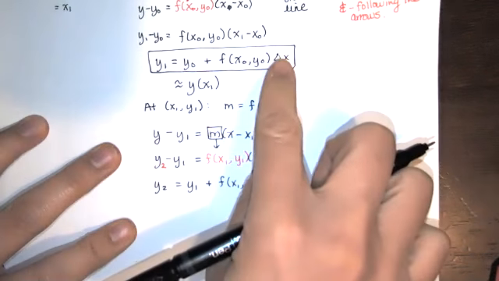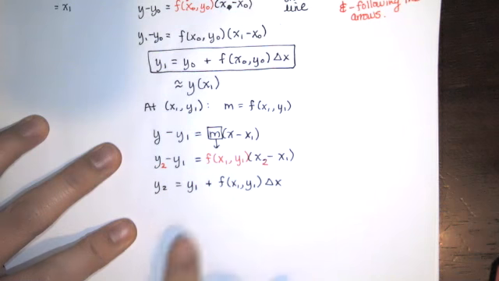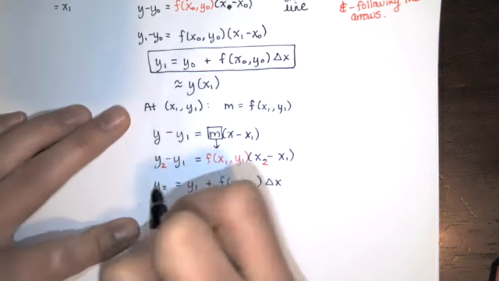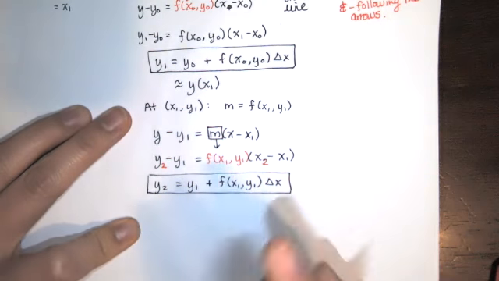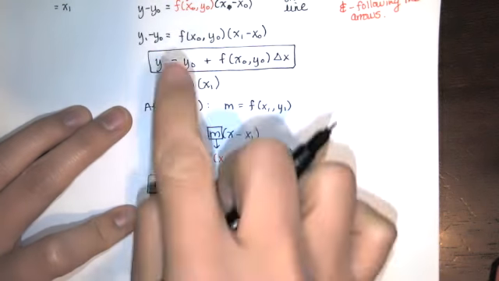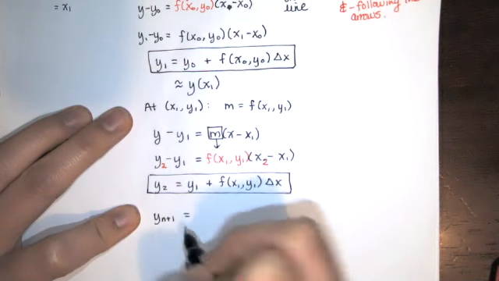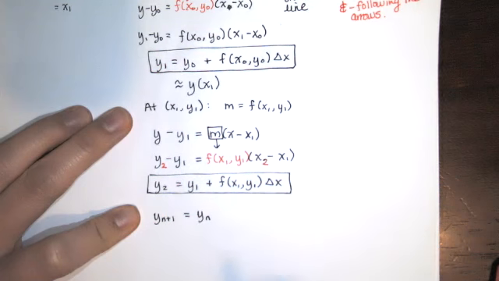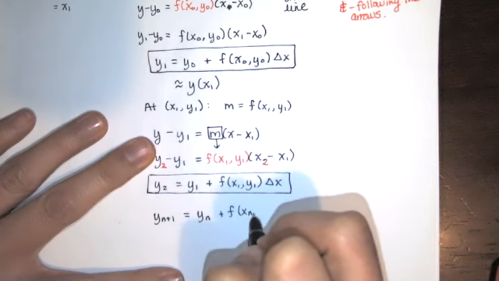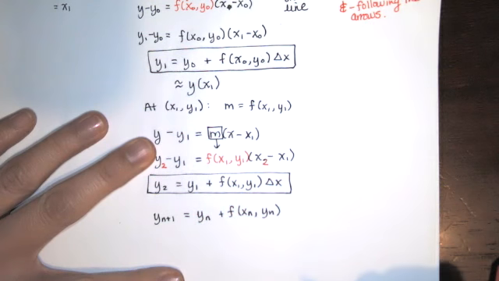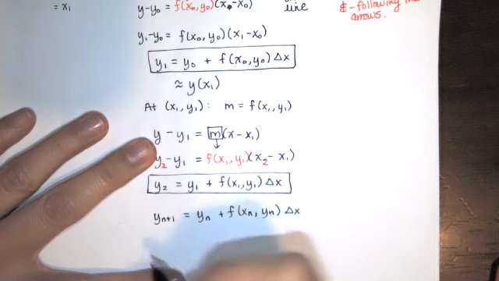If I take the same step size from x naught to x1 as I take from x1 to x2, and so on, we get this. Do you see the pattern here? In general, we're going to say that y sub n plus 1 is equal to the last y value plus the slope at the last xy pair, and that slope is given by the right-hand side of the differential equation, times delta x.